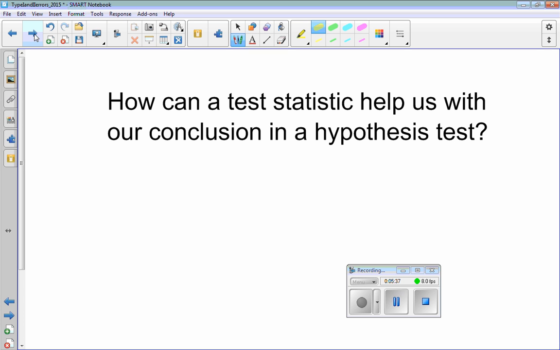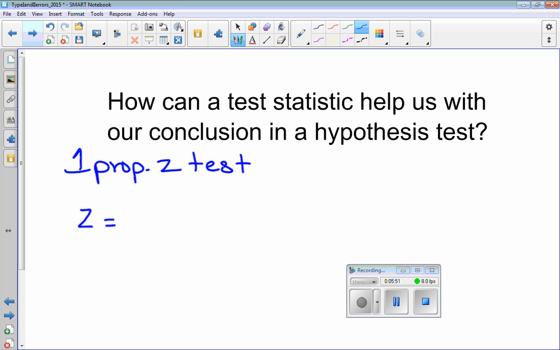What is it used for? In a one proportion z test, the test statistic is a z-score. And let's remind ourselves what the formula is, because a lot of you had it backwards on your quiz.